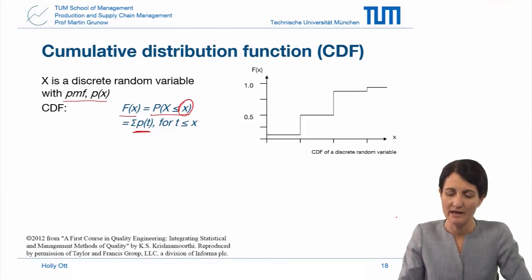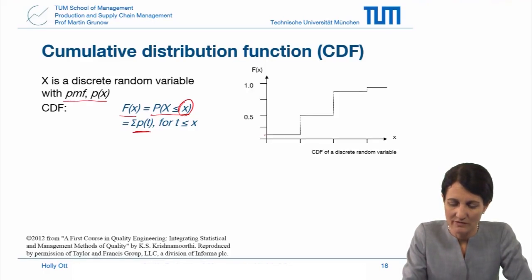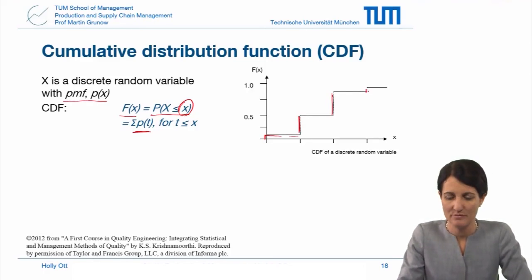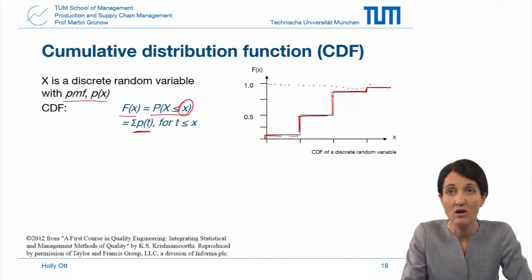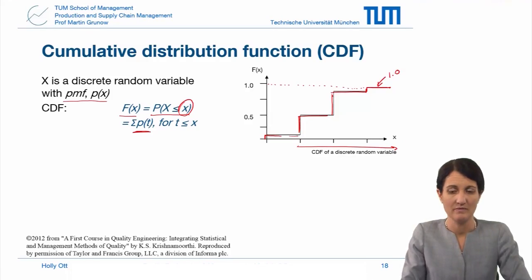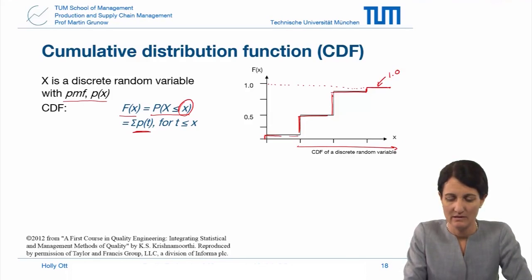And you can draw that as a step function. At each possible value of the random variable, you get a step. And if you sum all the values up until the maximum value, you get 1.0. So starting at 0.